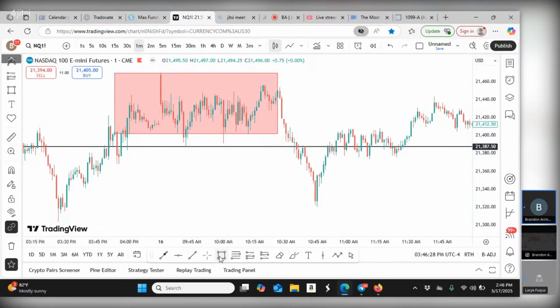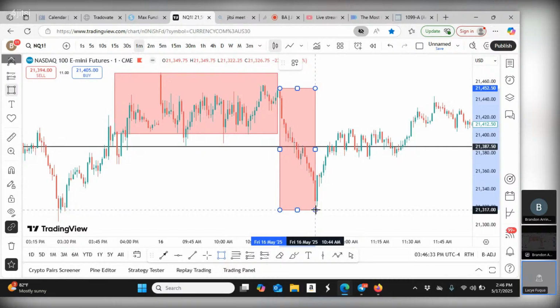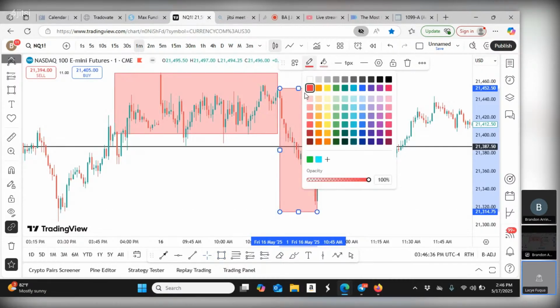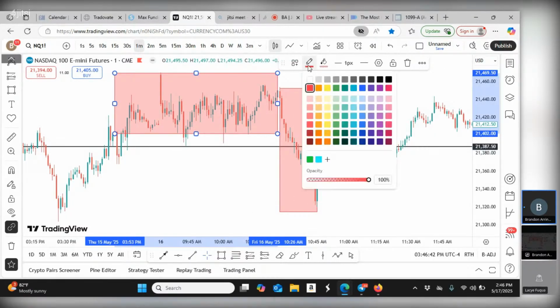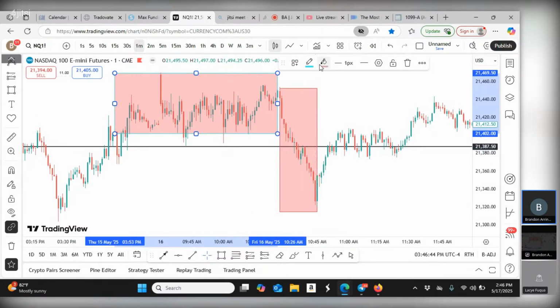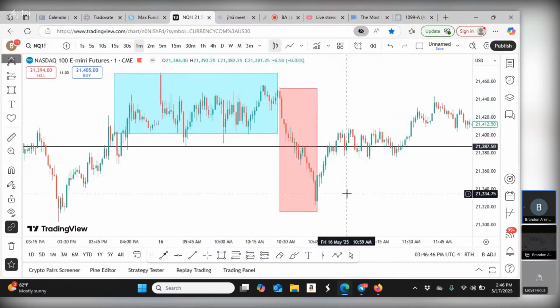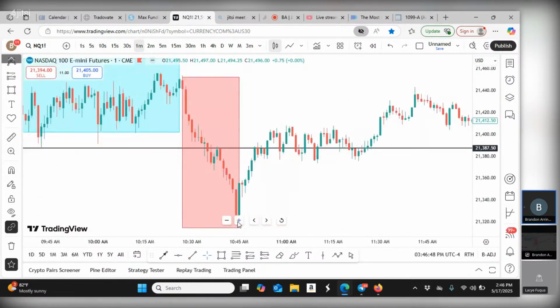Accumulation. Because it isn't going up or down, it's just stagnant, essentially. Then it dropped. It accumulated to go down, and then boom, it dropped down to a 1 minute discount.